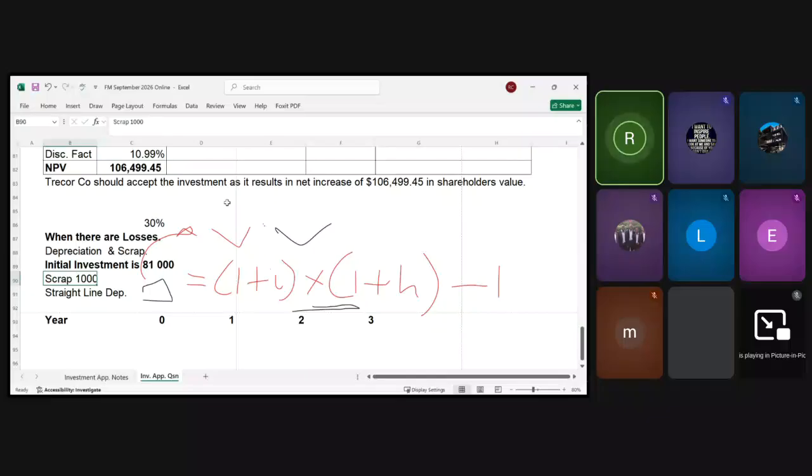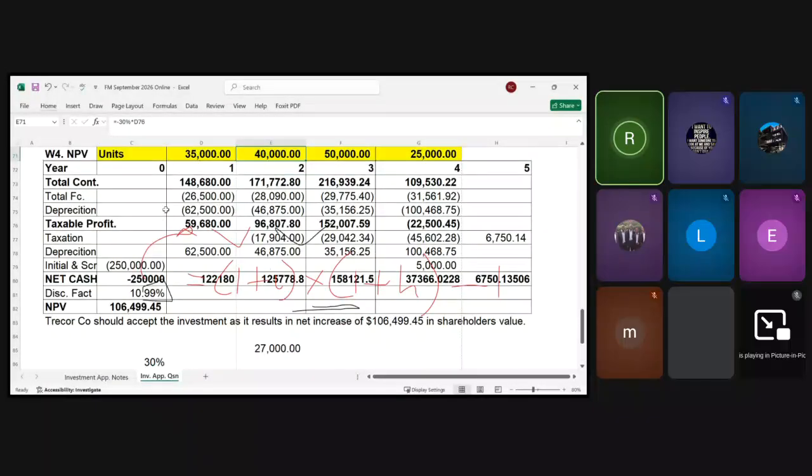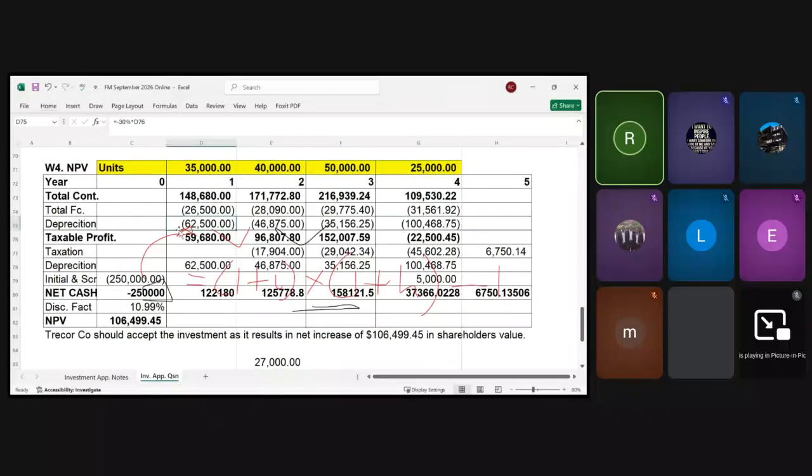So depreciation each year is going to be 81,000 divided by 3, which is 27,000 depreciation per year. This 27,000 is the one that I'm going to input: 27,000, 27,000, 27,000, up to year 3.